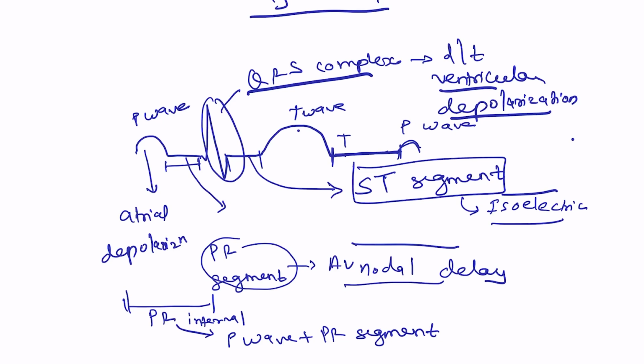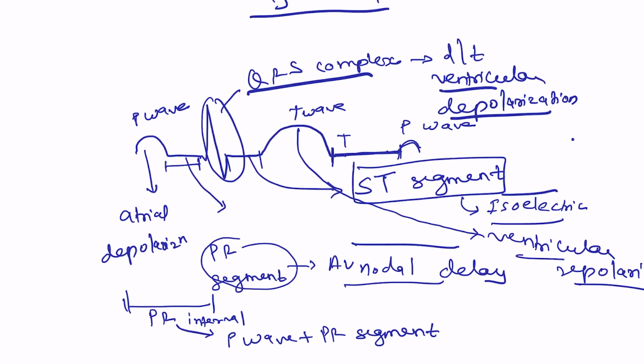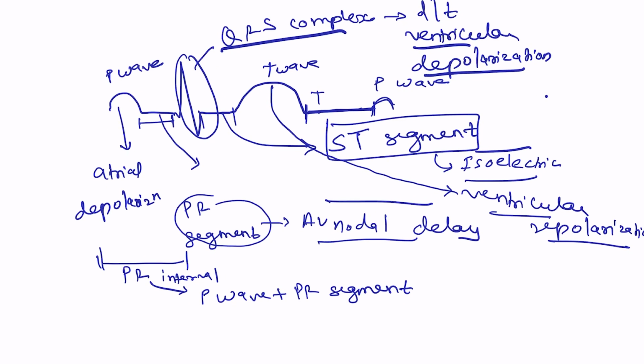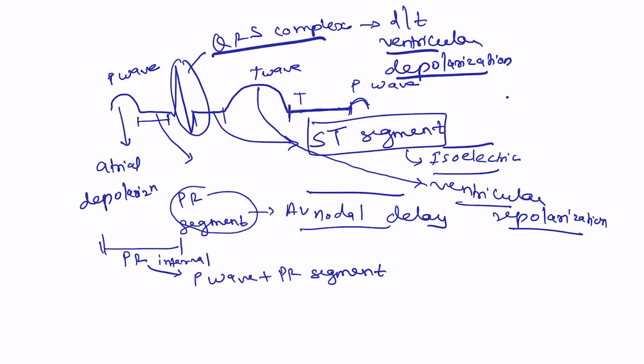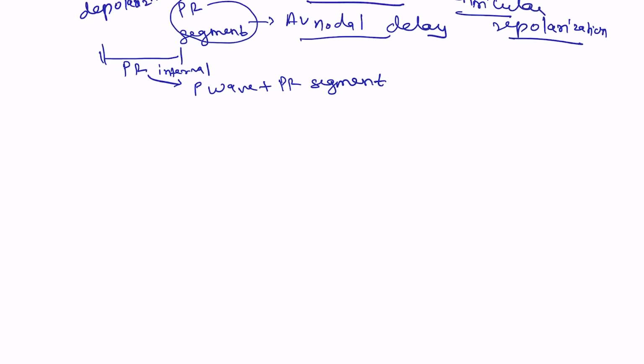And then the T wave is basically because of ventricular repolarization. So these are the very basics of ECG. Obviously this needs to be studied in detail, but we are just revising the whole thing in a very short period of time.